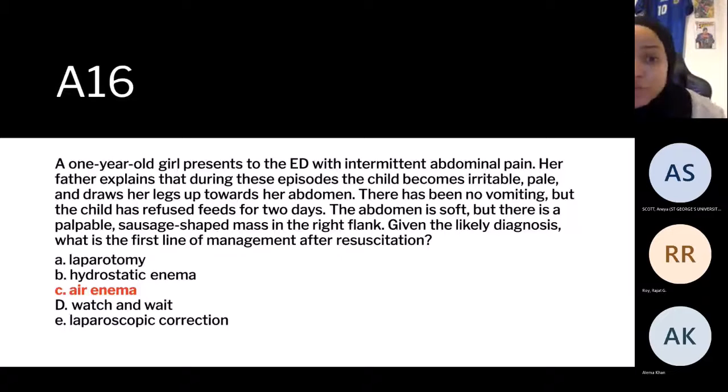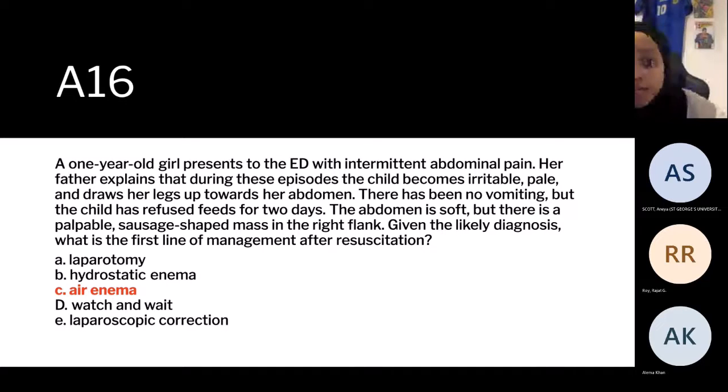So with intussusception, the child will draw their legs up towards their abdomen. They'll be quite irritable, in quite a lot of pain, and it's intermittent because the colon has peristalsis. So with the peristalsis, when it gets to the point of the intussusception, it will cause pain.